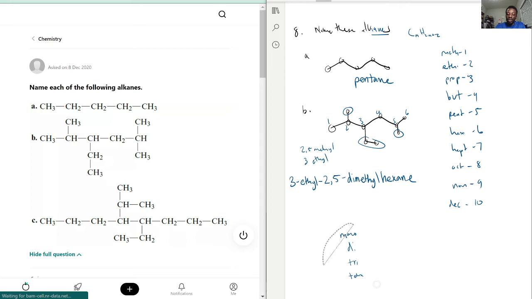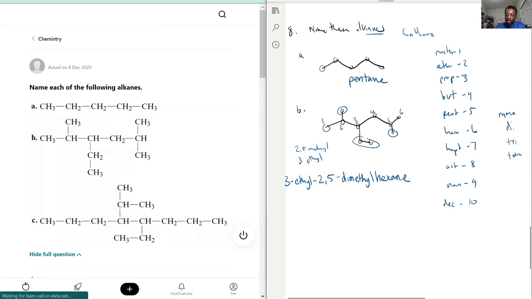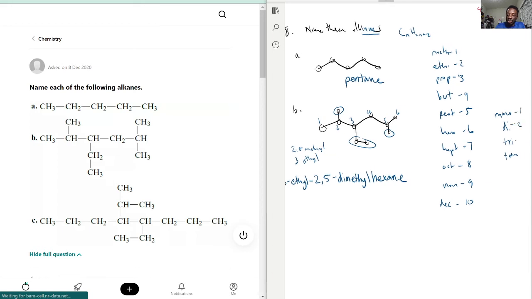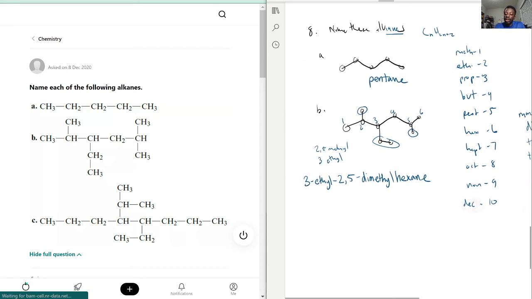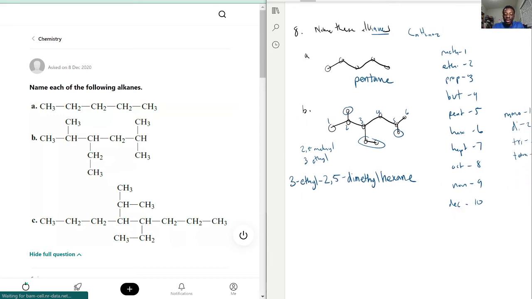And that would be how you would name this specific one. And let me just write it here, because mono is 1, di is 2, tri is 3, and tetra is 4. Okay? And that would be our name for this alkane.